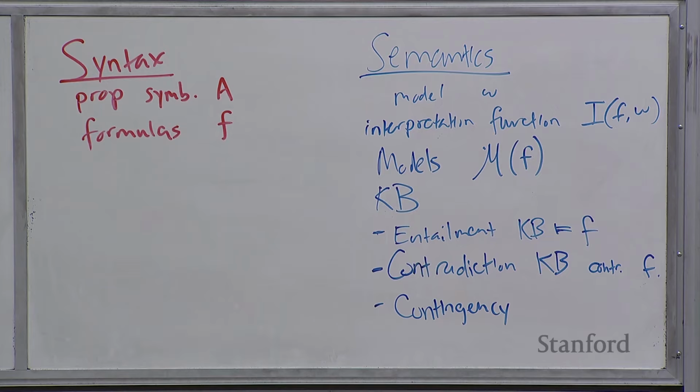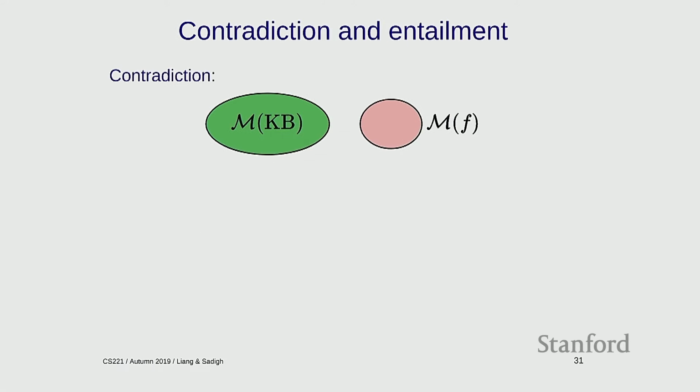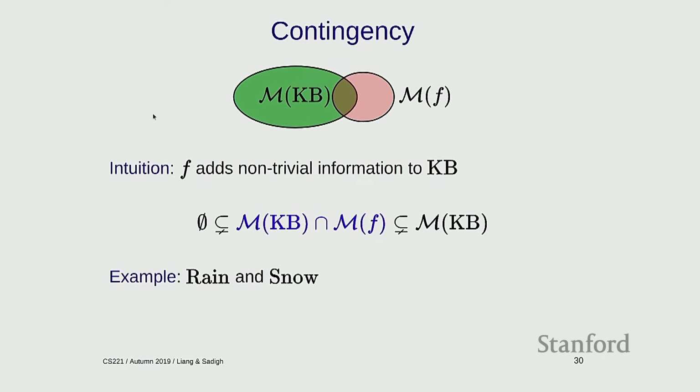One thing not to get confused by is if the set of models were actually strictly inside the knowledge base, that would also be a contingency, right? Because when you intersect it, it's neither empty nor the original. So if you knew it was raining and someone said, oh, it's also snowing too, then you're like, oh, cool, I learned something.